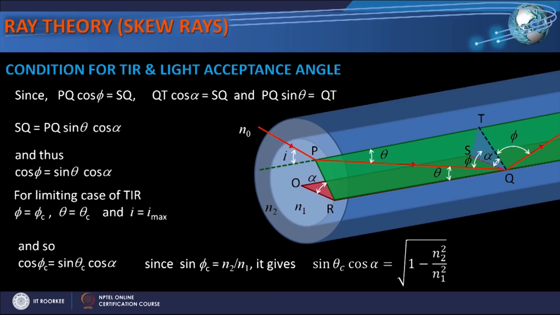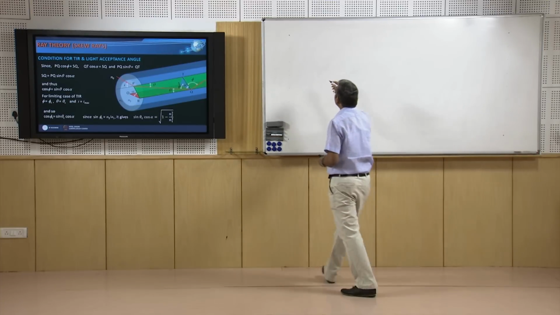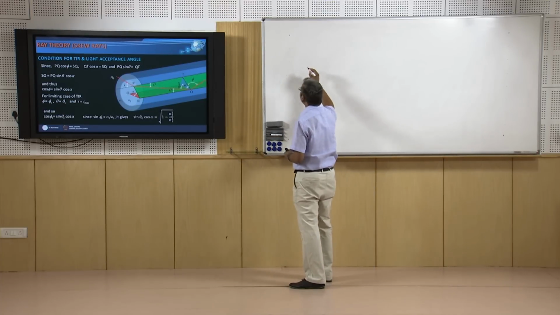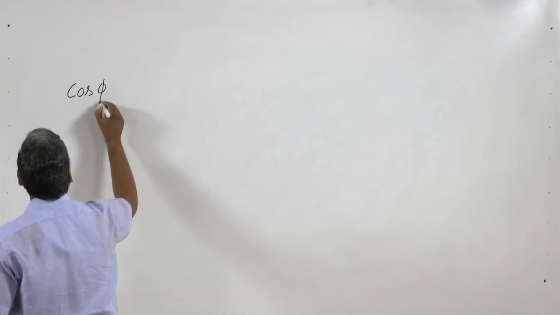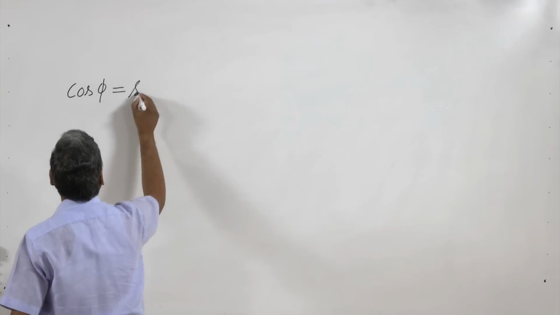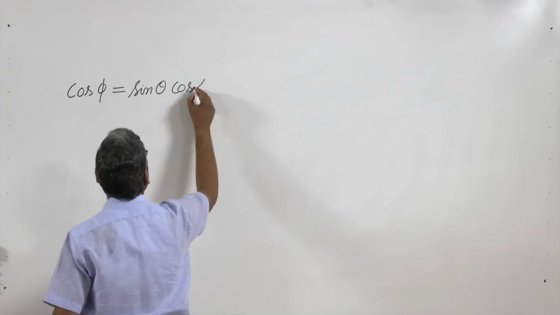So, let me write this one down, which I will use later also, that cos phi is equal to sin theta cos alpha.